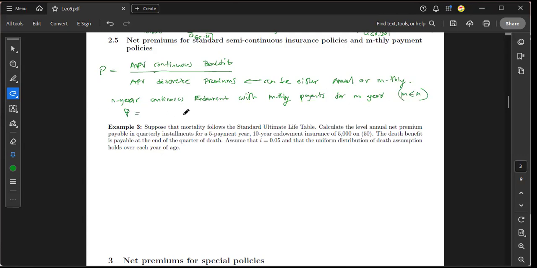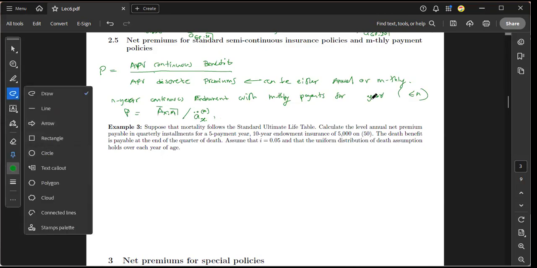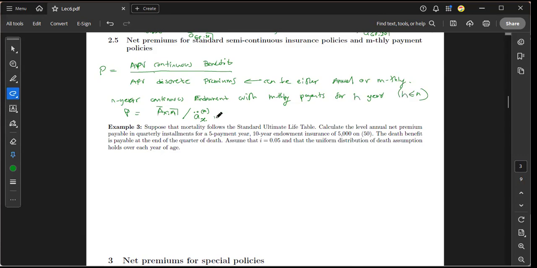Then the premium is a continuous endowment for n years, and since this is discrete, compounded m times per year and paid for m years. So we have two m's, so to avoid this confusion, let's remove this m from years. Instead, let's take h. So h is years, m is the terms per year. Then you have h here.